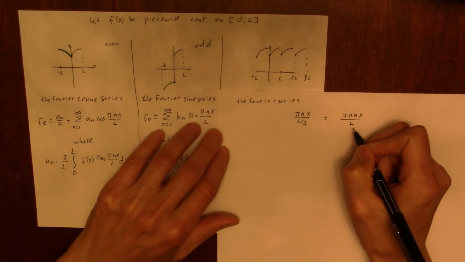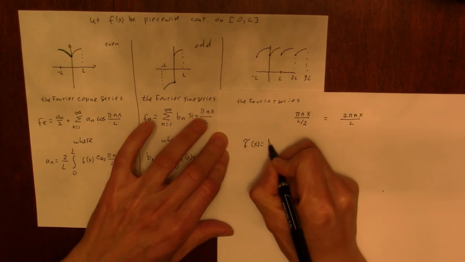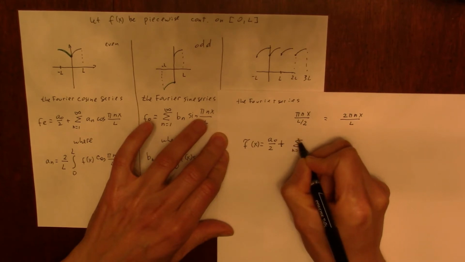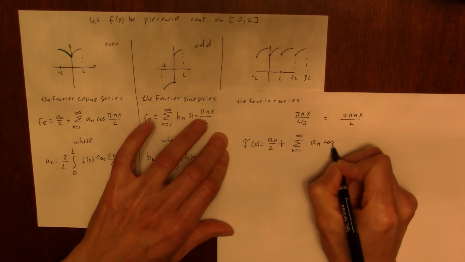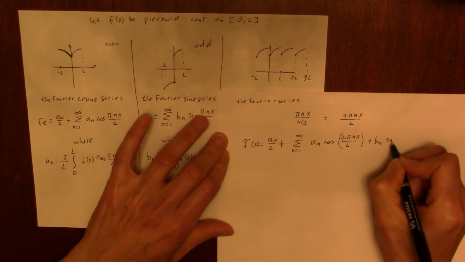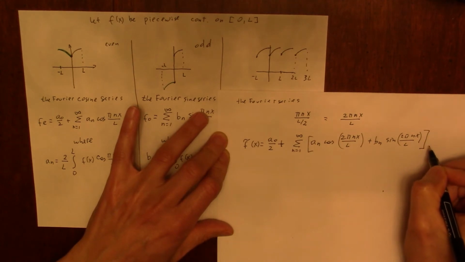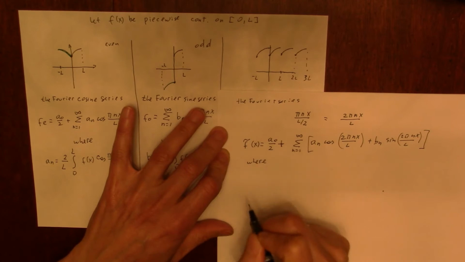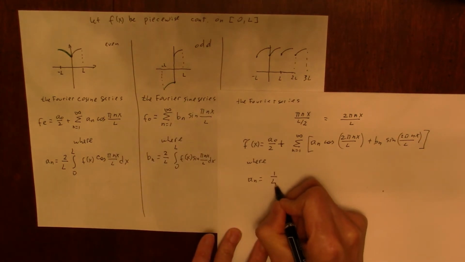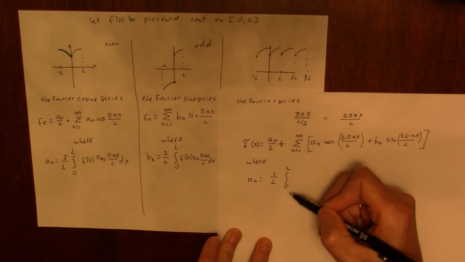So our Fourier series in this case, f tilde of x, is going to be equal to a0 over 2 plus sum n from 1 to infinity of an cosine of 2 pi n x over L plus bn sine of 2 pi n x over L, where an equals 1 over L, integral from 0 to L. So we divide by L, because from 0 to L we have a whole period.